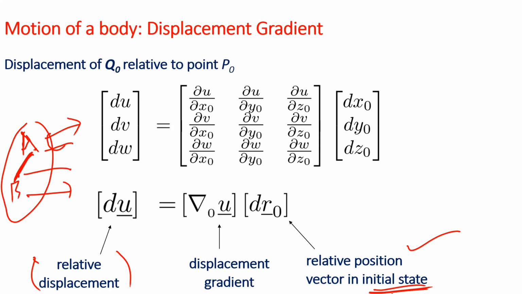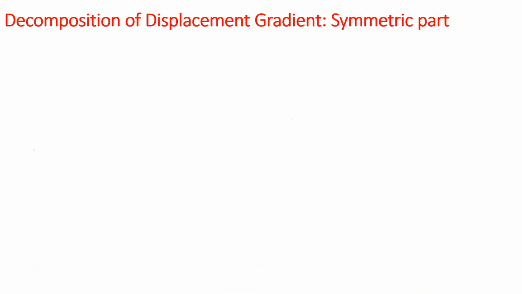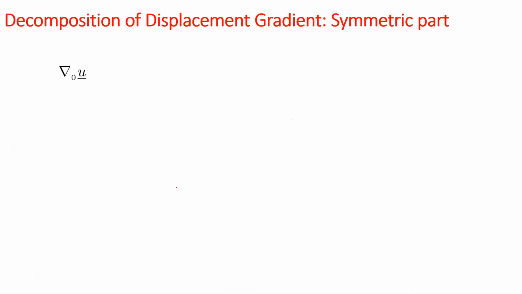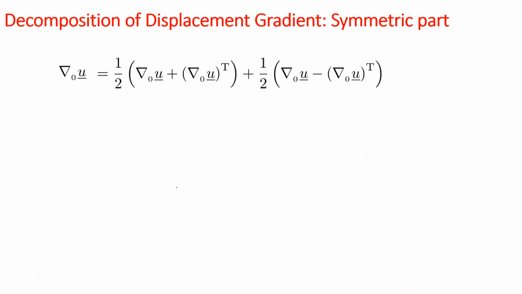All right. Now we have seen this in all three styles. Now this displacement gradient, del u or grad u. What is grad u? This is actually a tensor. That's why you're able to write it in terms of a matrix. So this is a tensor, right? And any tensor, I can write as a sum of its symmetric part and antisymmetric part.